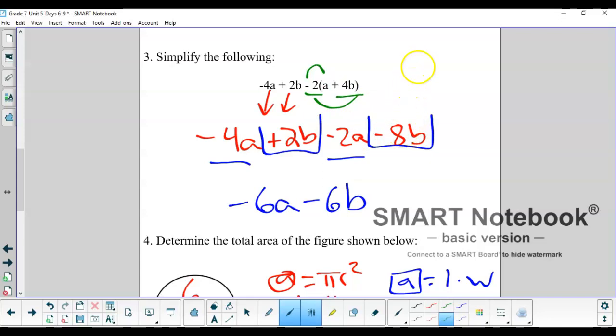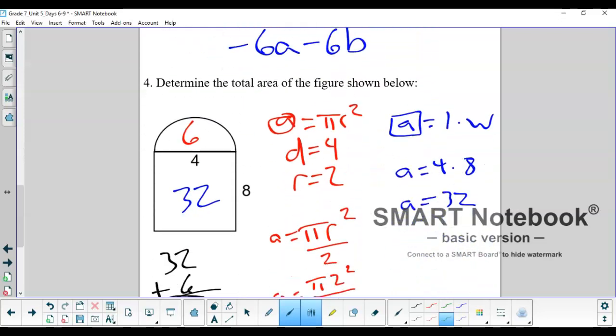From there, I combine my like terms. I know that -4 minus 2 in my Desmos calculator says -6, and that 2 minus 8 is also -6b. So your final answer, both parts of the term should have been -6a and -6b. The order does not matter.